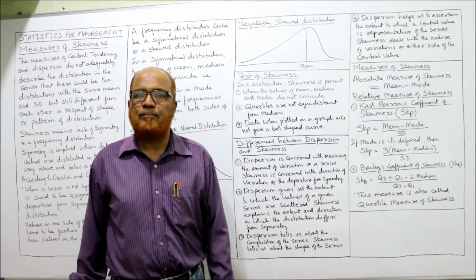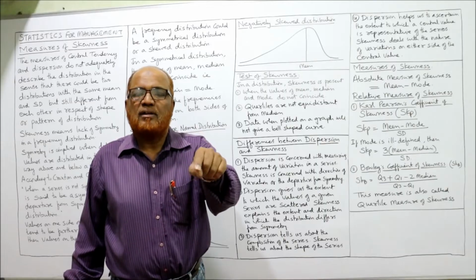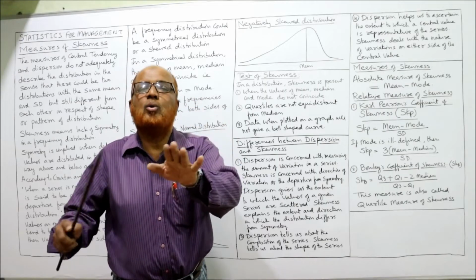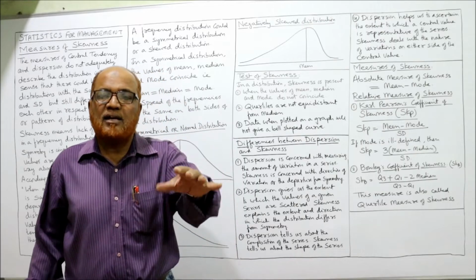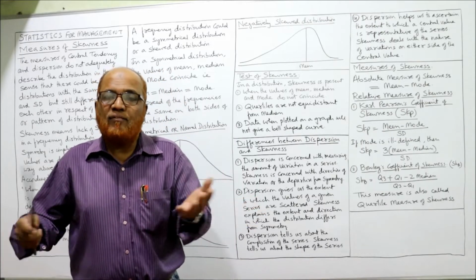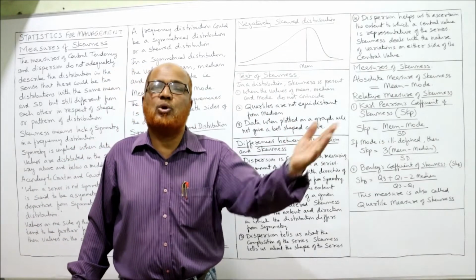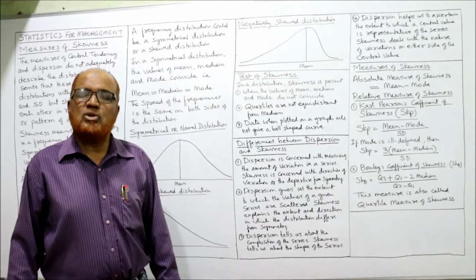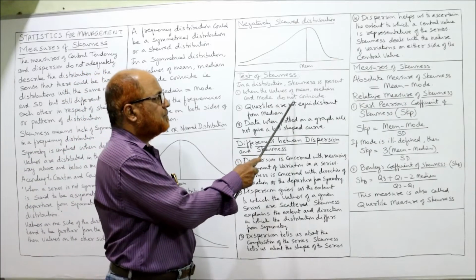There is skewed data. The distribution is skewed if the mean, median, mode do not coincide. If all three coincide, it is called symmetrical. If all three do not coincide, it is called asymmetrical or skewed. Skewness is present when all three do not coincide.